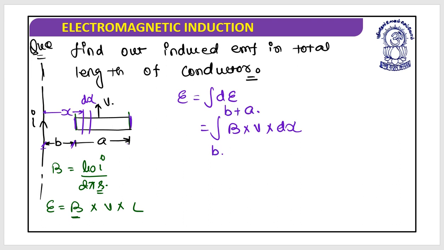I hope this is clear. While doing this, let's replace B with mu naught I by 2 pi x. So this could be written as mu naught into I divided by 2 pi x, into V into dx, from B to B plus A. Do it carefully.